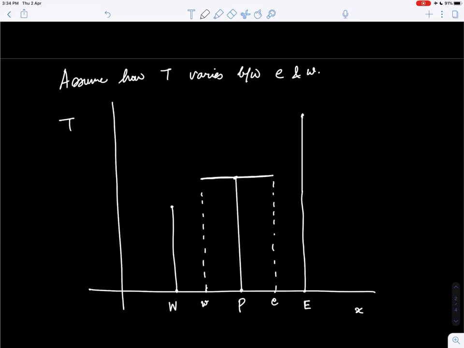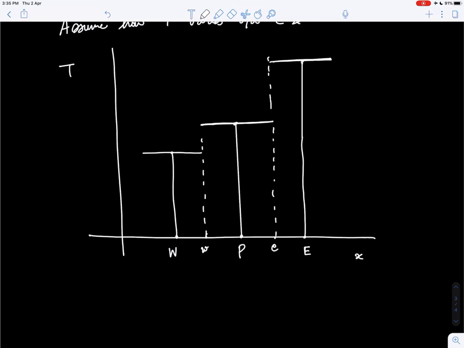By that concept, the temperature at W would prevail in its control volume, and the temperature at E would prevail in its control volume, right?